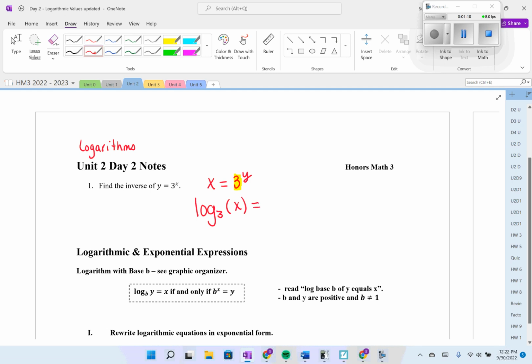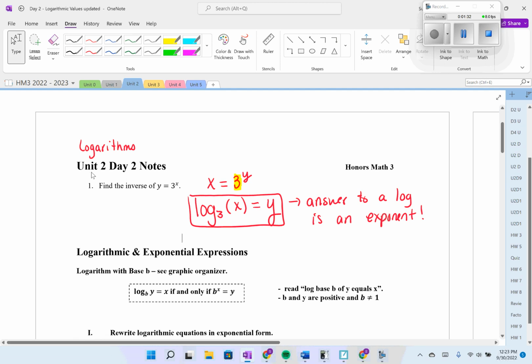So log base 3 of x equals y. Notice that the answer to a log is an exponent. That's why we like logarithms, because it allows us to solve for a variable exponent.